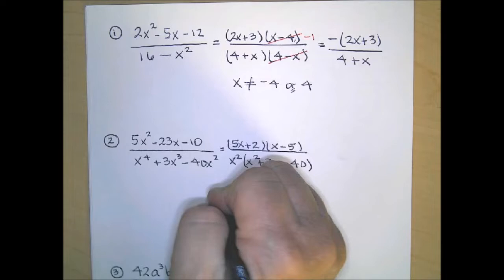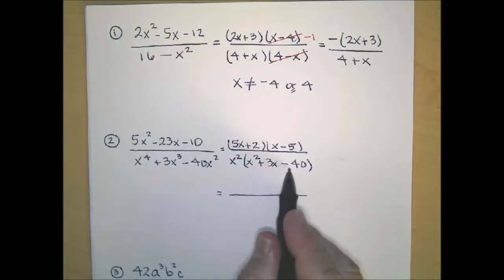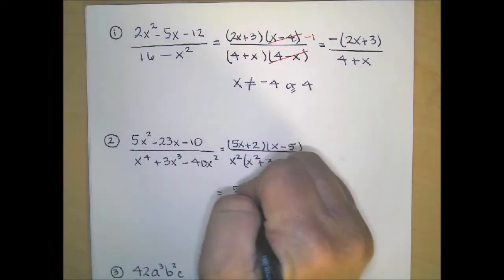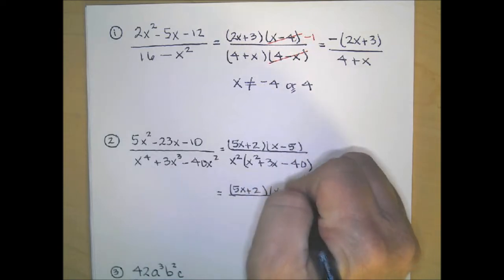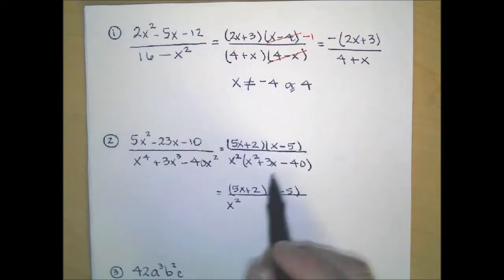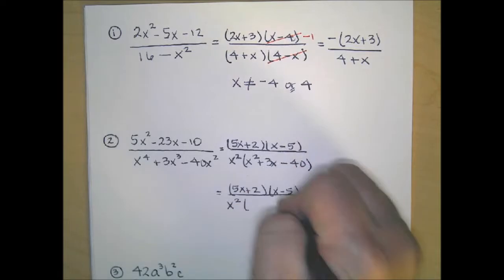Now, that part of the denominator right there is going to be able to be factored down further. So I'm just going to rewrite the numerator. I'm going to put that x squared right there. Now I have a trinomial factor of x squared plus 3x minus 40.